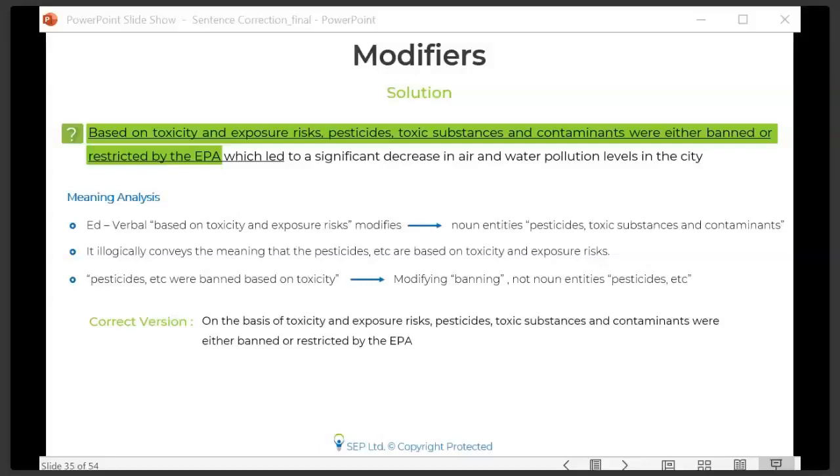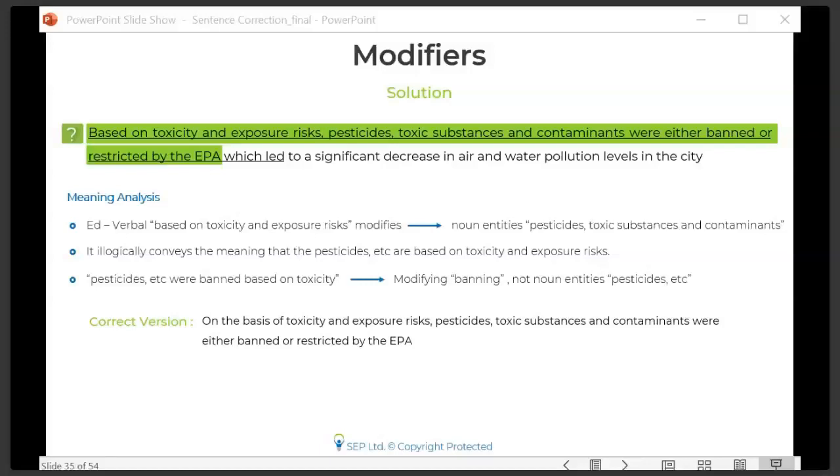Hold on a sec. Are you guys now clear why "based on toxicity and exposure risks" is incorrect? Are you guys clear why we cannot use "based on toxicity" next to pesticides? All right, all of you are clear with that.